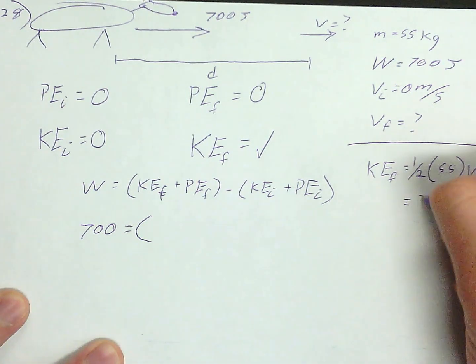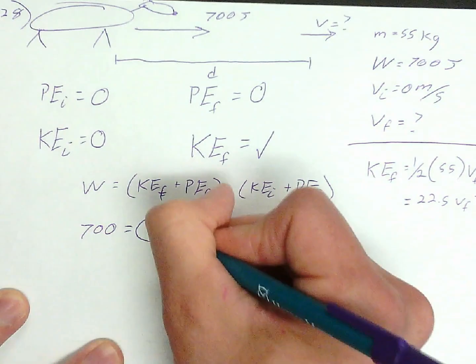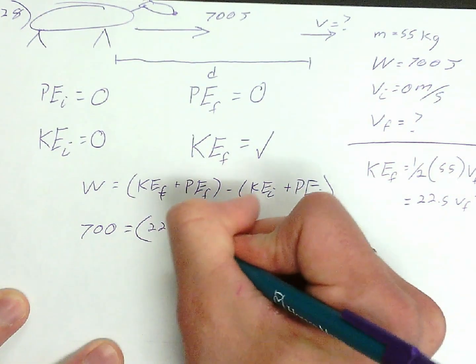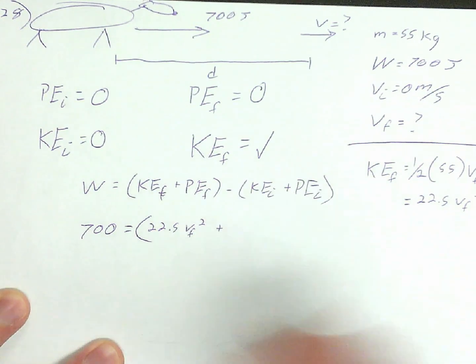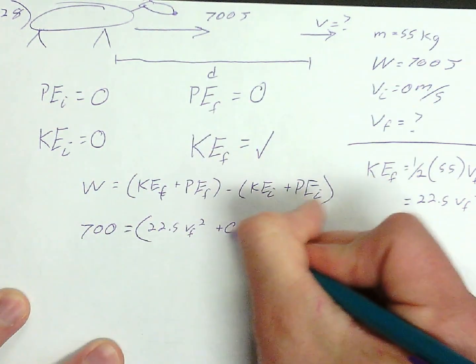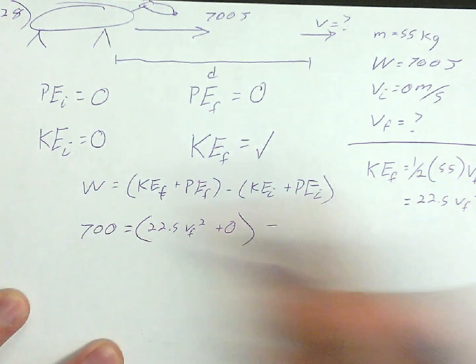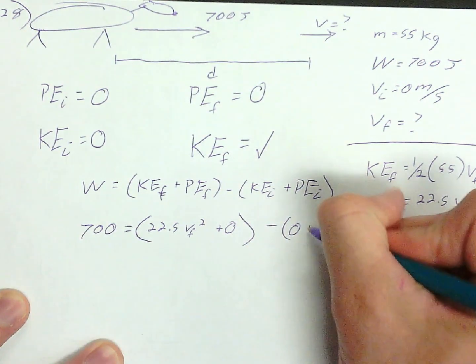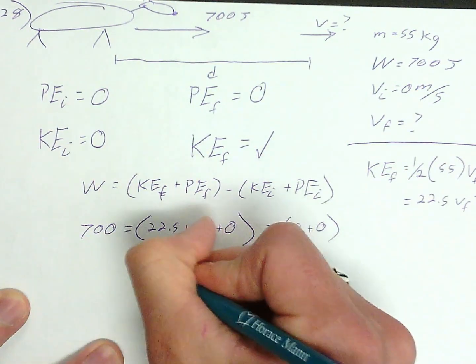Half of 55 is 22.5, plus the potential final, which was 0, minus kinetic initial, which was 0, plus potential initial, which was 0. You end up with this.